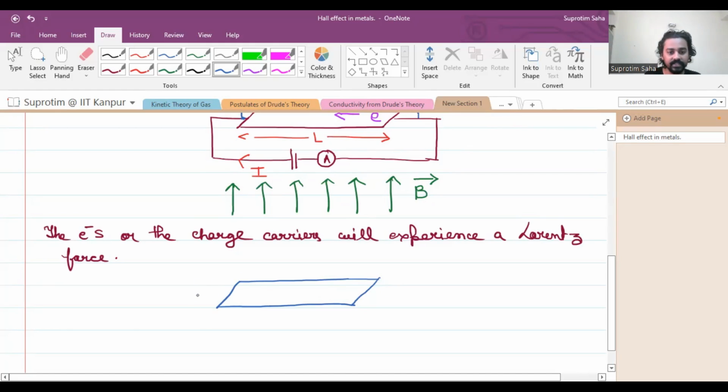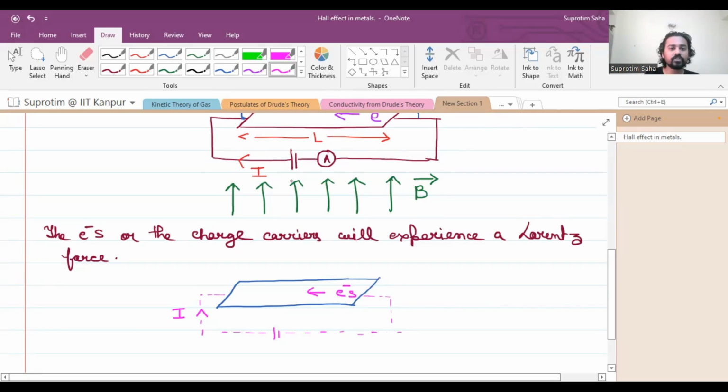The current you are sending is in this direction. This is where you are making contacts around it, and the electrons are drifting in this direction. Your current is in this direction.